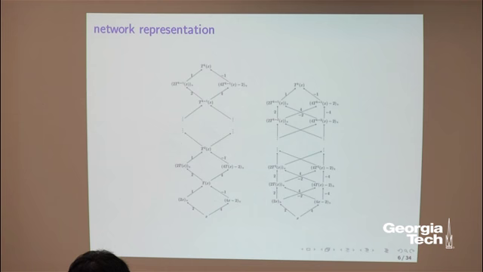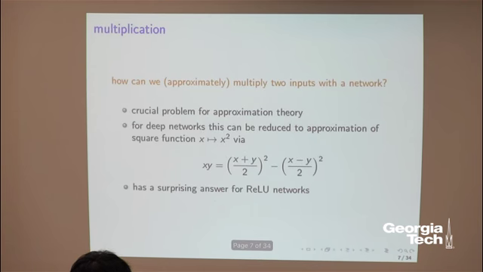It will actually be useful for the approximation theory. One important thing you want to do with a network is to approximate the multiplication operator. This is not really intrinsic to the network structure: building a network that, given 2 inputs, gives you as an output the product, or a good approximation of the product, of the 2 inputs.